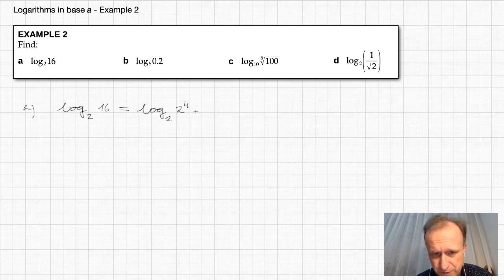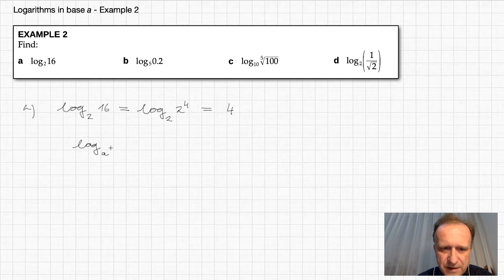It's 2 times 2 times 2 times 2. Now, what is the logarithm of 2 to the power of 4? Well, you know that it must be exactly 4. Now, what I'm using here is the formula that the logarithm in base a of a to the power of y equals y, and it equals y always.